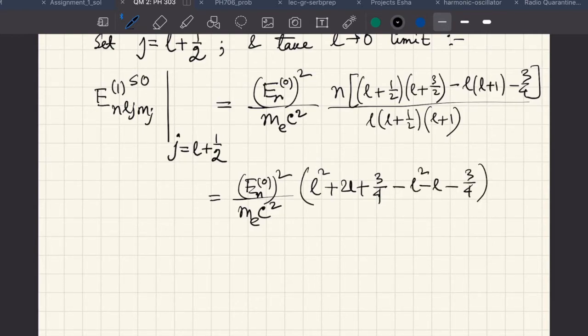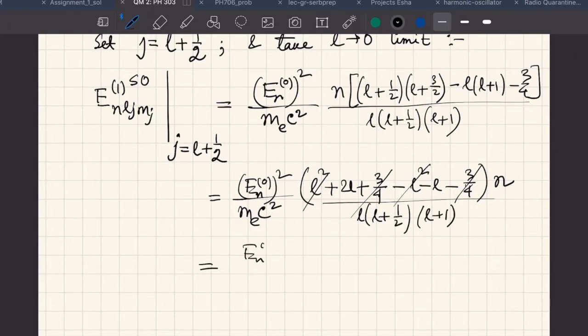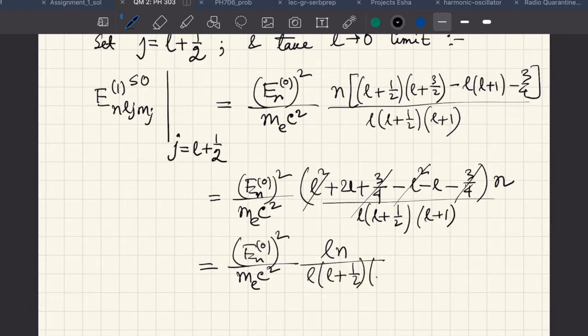So many terms will get cancelled. Of course there is an n here; we cannot forget it. So many terms are getting cancelled, over l into (l plus half) into (l+1). So this is equal to En0 squared by m_e c squared. What remains is just l into n, divided by l into (l plus half) into (l+1).